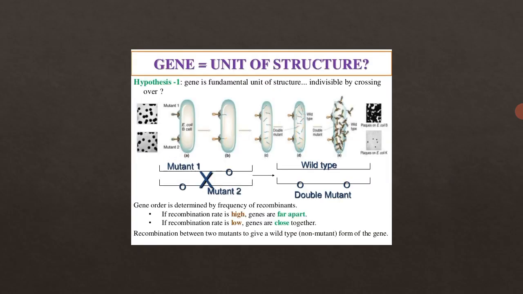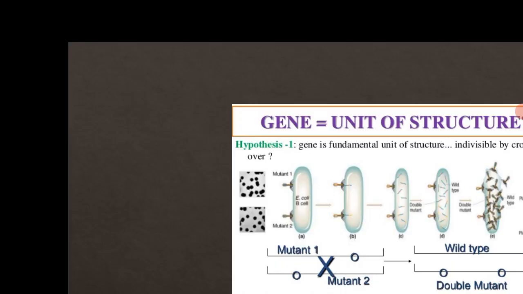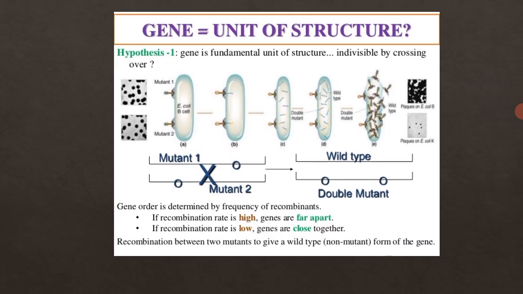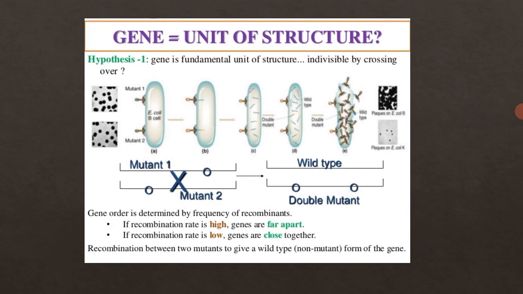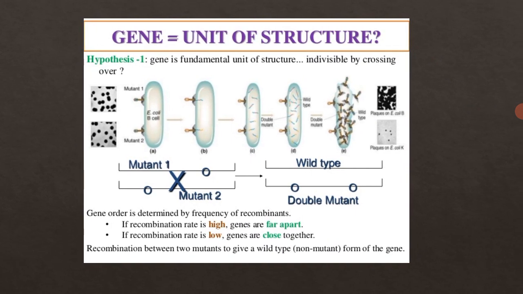Now we will see that. So first, whether the gene is a unit of structure or not, we will look into that hypothesis. Okay, now you can see mutant 1 and mutant 2 inoculated into E. coli B cells. Then we got double mutant and wild type along with mutant 1 and mutant 2.